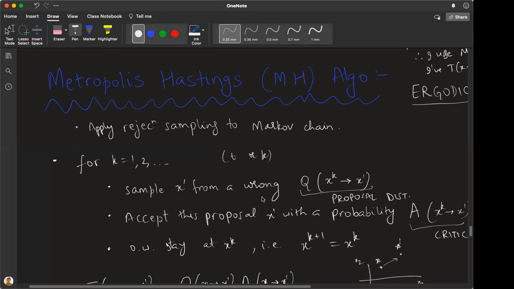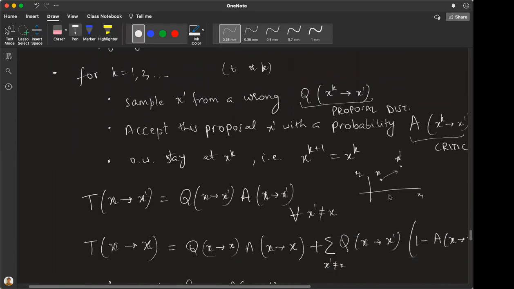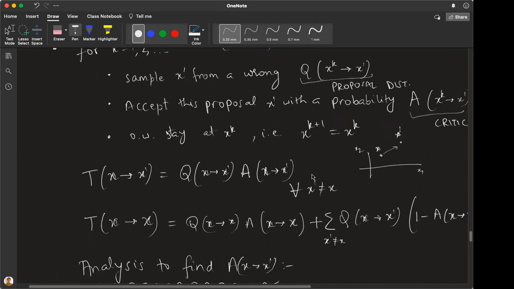Then no problem. I can simply take any wrong proposal distribution and just use it to sample my samples and use a critic to accept my sample. And it turns out that these samples follow my true distribution. Basically, they converge to the true pi.